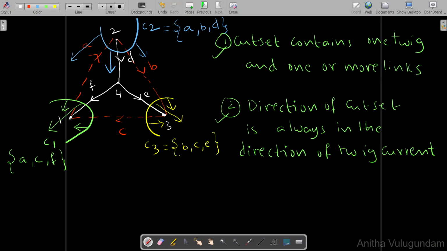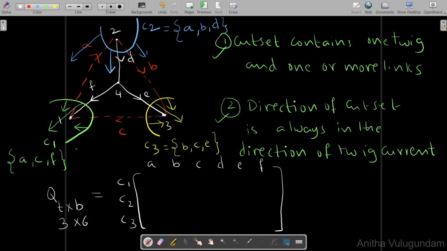So I can write now the cut set matrix as Q, T by B, where T is the number of twigs, 3, into branches. So we can have here 3 rows C1, C2, C3, and branches as 6: A, B, C, D, E, F. The elements of the cut set matrix will always be either +1, -1 or 0.